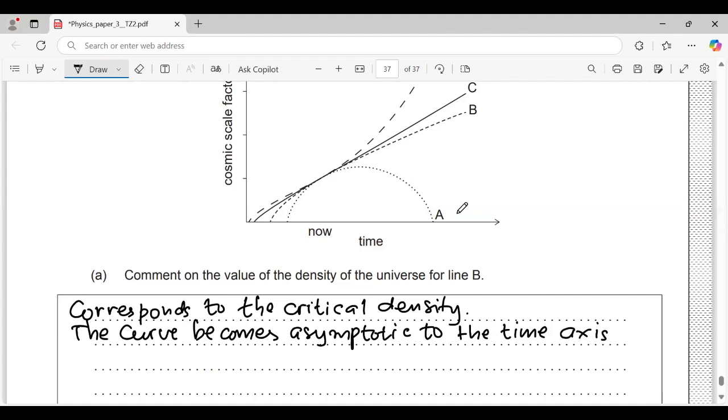This is the axis for time. It means it has no intercept point.